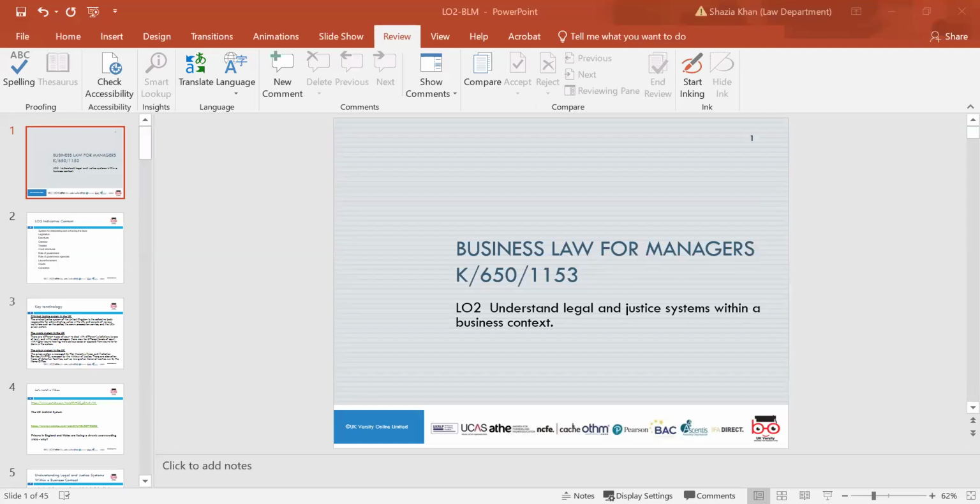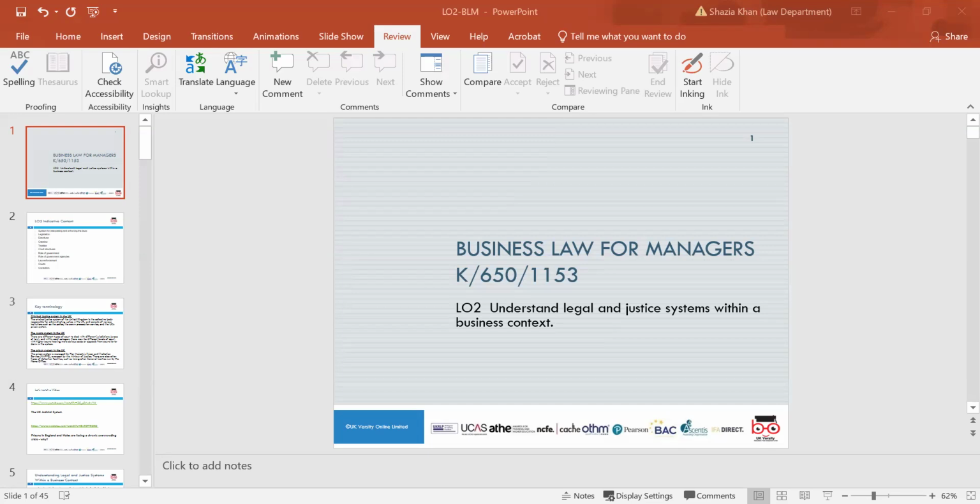We then went on to look at the elements of how civil law and criminal law differ in regards to the outcomes as well, and also things like burden of proof, the legal action taken, and the elements of that. So that was learning outcome 1.